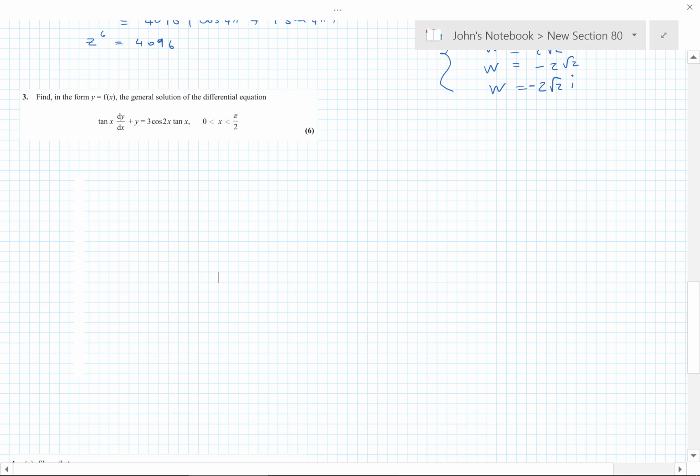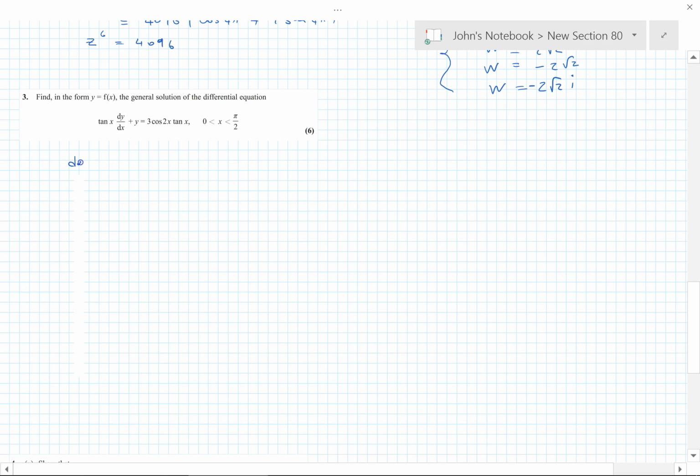Okay, so this is a differential equation using the integrating factor, question 3. Should be hopefully quite straightforward. We need to get it into exact form. So let's just divide by tan x on both sides.